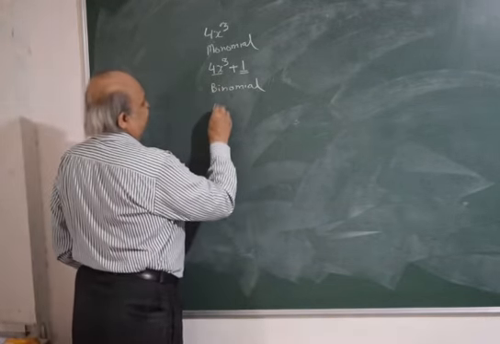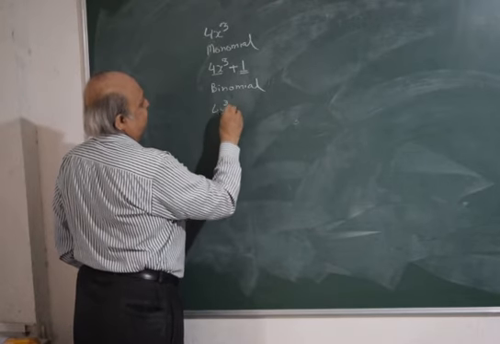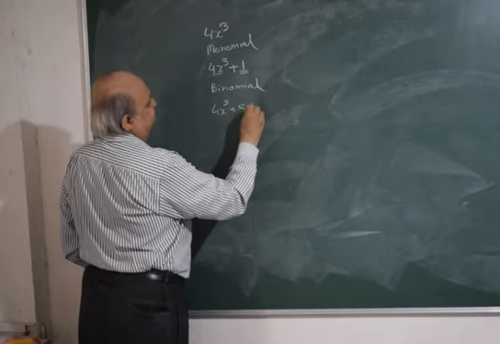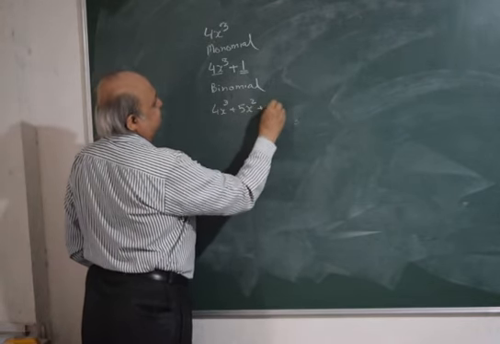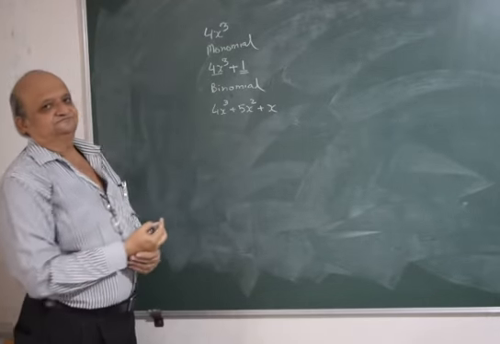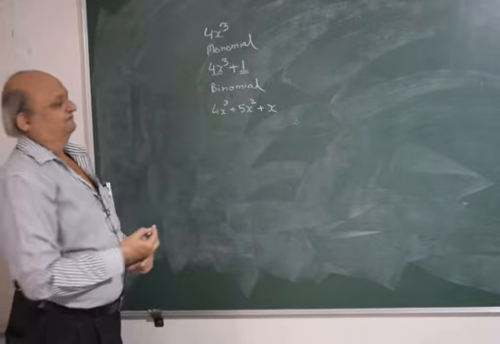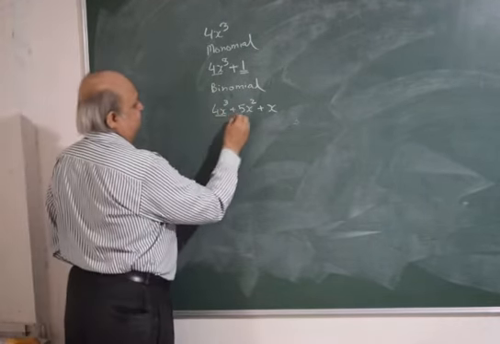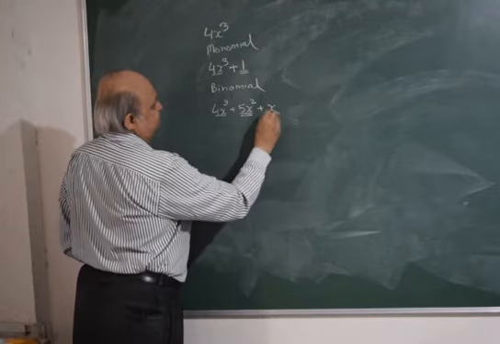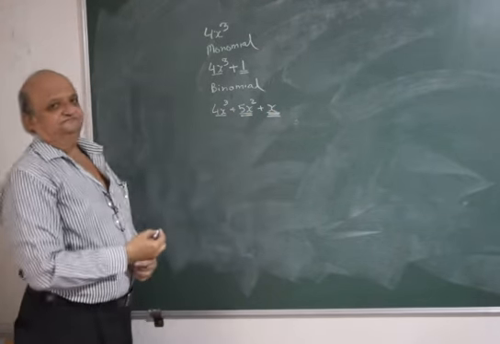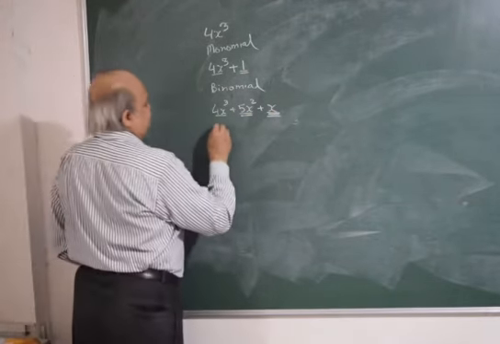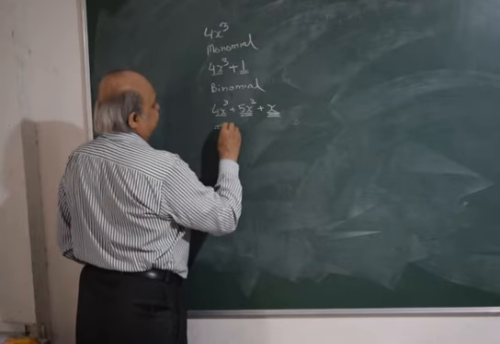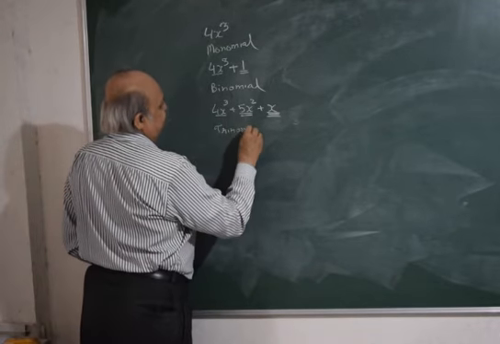You find that after 3 we directly get 0. So let us make it 4x cubed plus 5x squared plus x. Now we have 3 terms. 1, 2, 3. Such a question is called a trinomial.